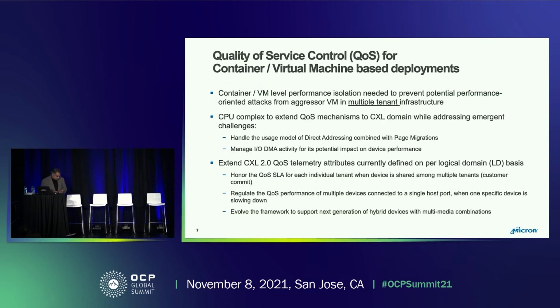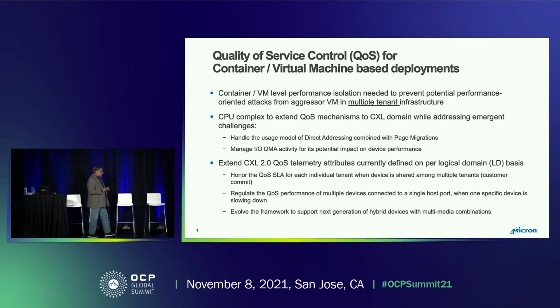The second problem that we really struggled with was quality of service control for virtualized deployments. This is something that we got from customer feedback, and the customer worked very, very closely with us and the CPU partners.